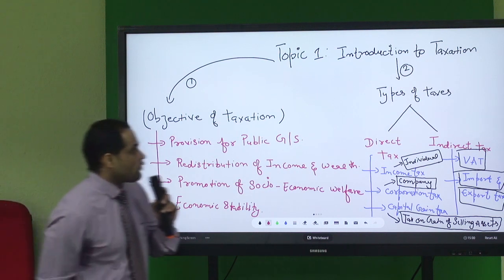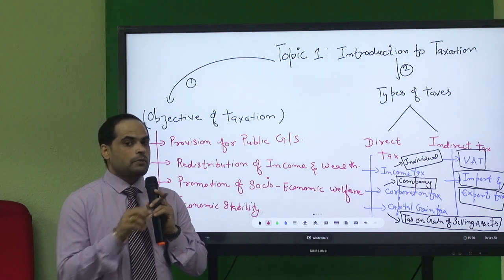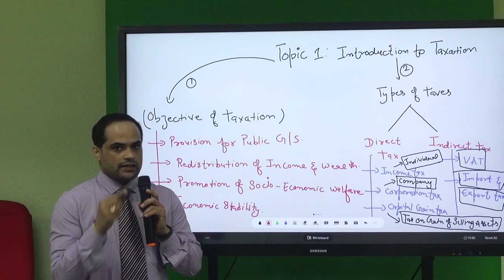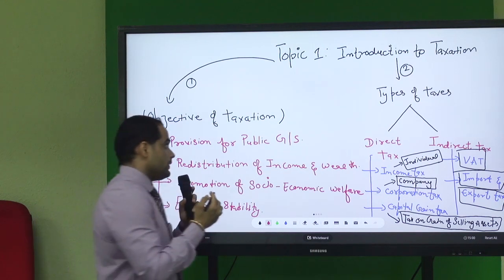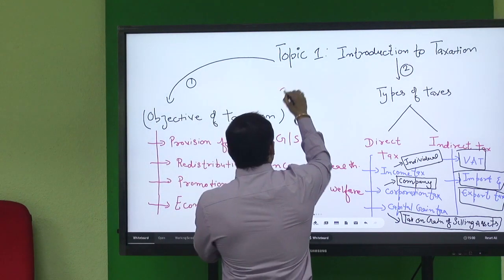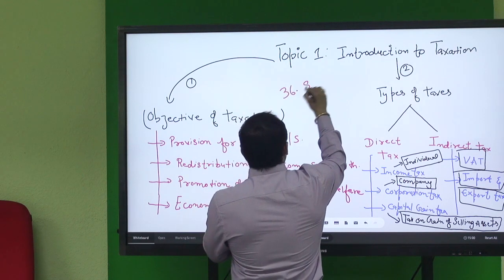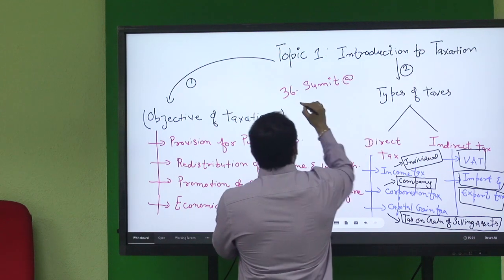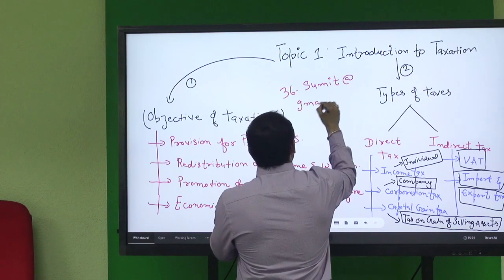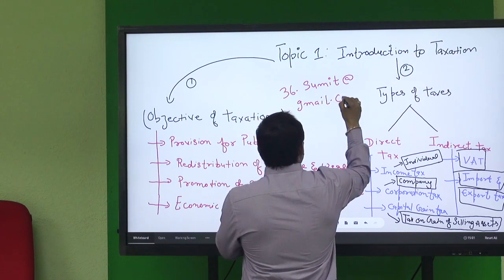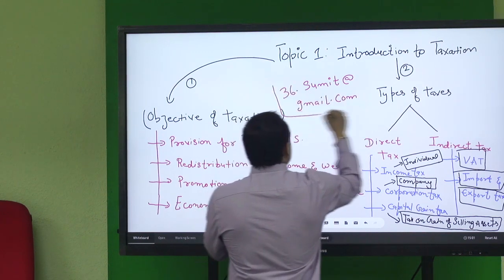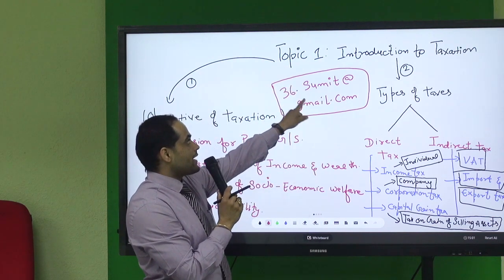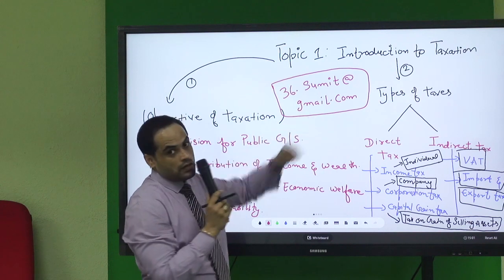One more thing, I forgot to write my email address. So I'm writing my email address. If you have any question regarding this topic 1, please feel free to send me an email. So that's my email, 36.sumit@gmail.com.